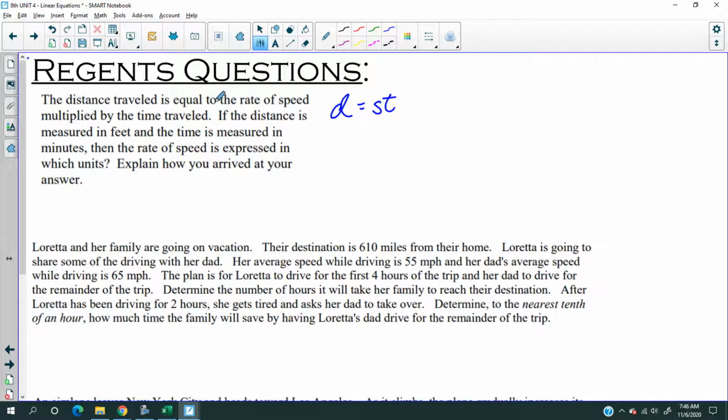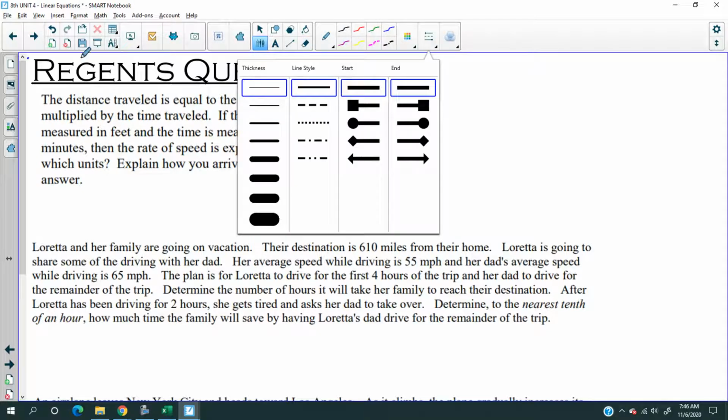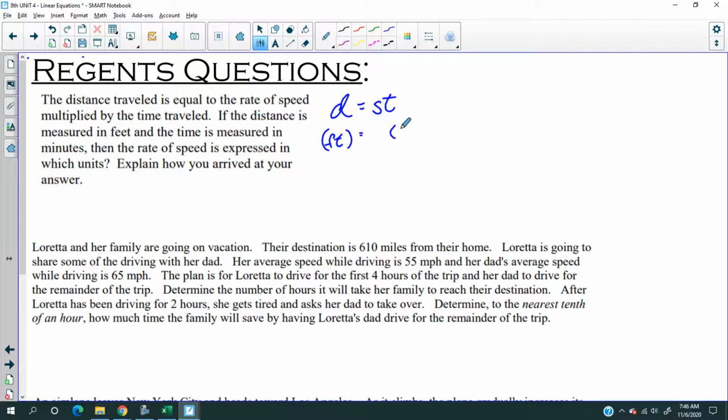So that's the formula now. What is it asking you? If the distance is measured in feet, so this is measured in feet, let me use parentheses for that. And the time is measured in minutes. Then the rate of speed is, oh, wow.